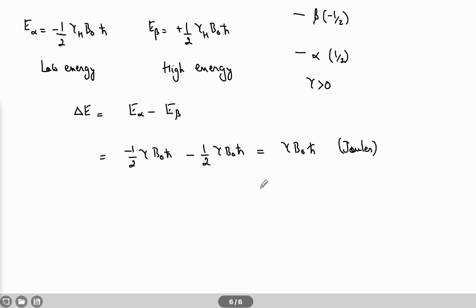And if you want to convert it into hertz or radian per second, you can remove H cross and then you can call these units radian per second. And then also, there is a negative sign, this is nothing but omega naught, which we have learnt is the Larmor precession.